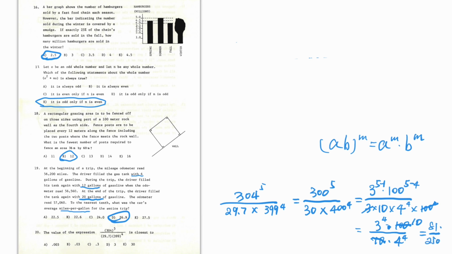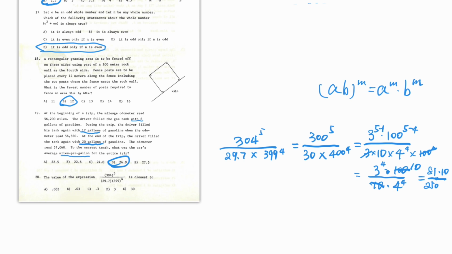Still times the numerator, another 10. Now, the 81 we round to 80 times 10. 256 we round to 240.